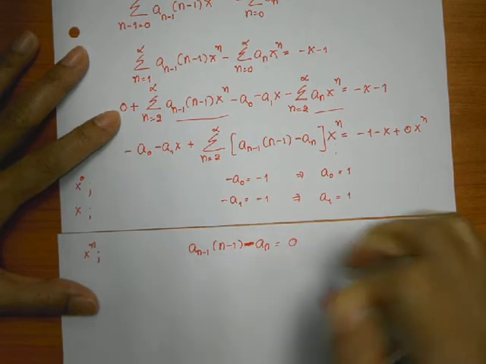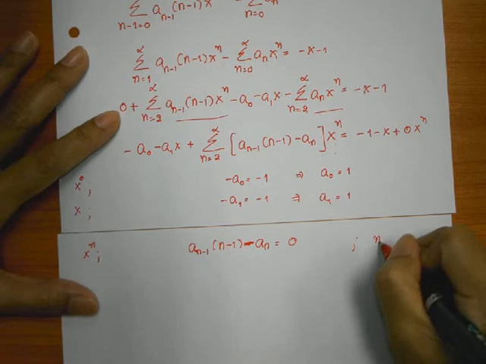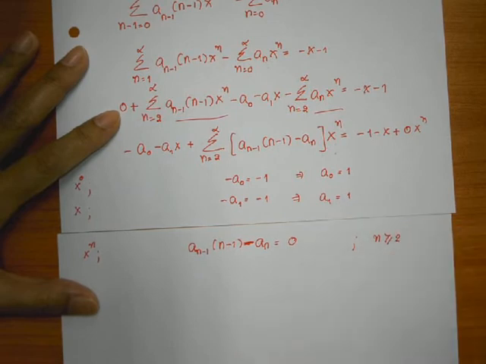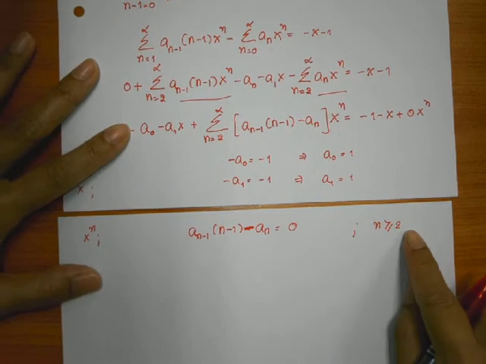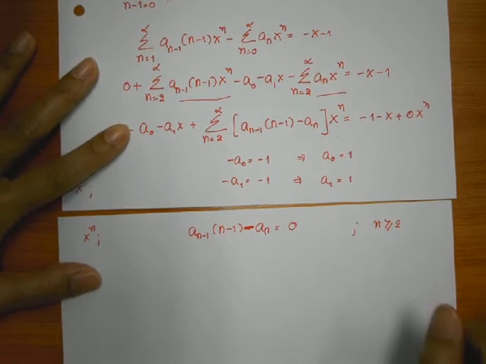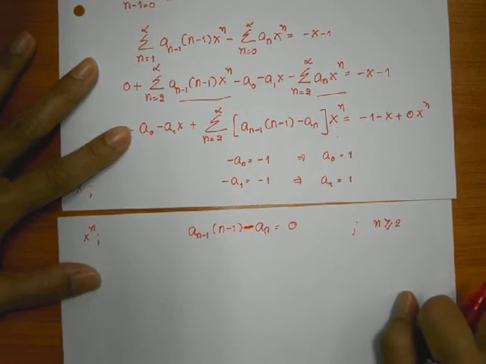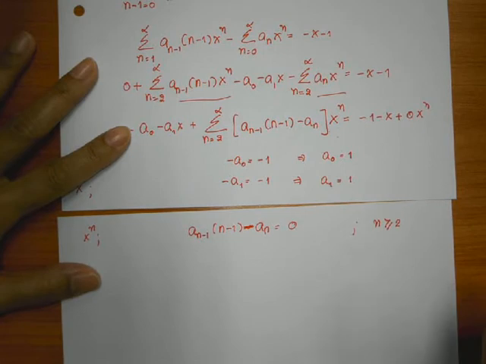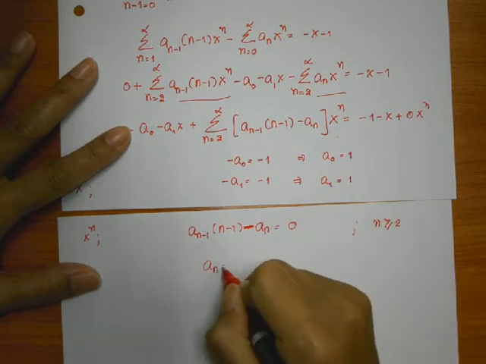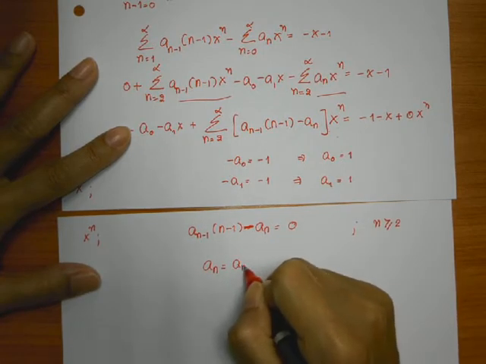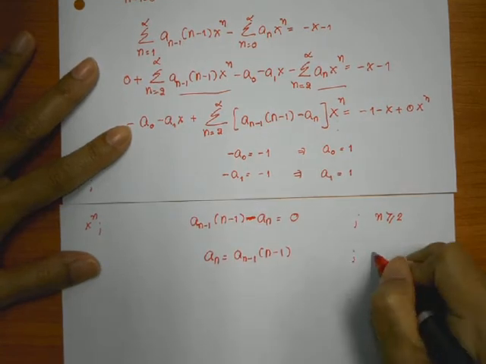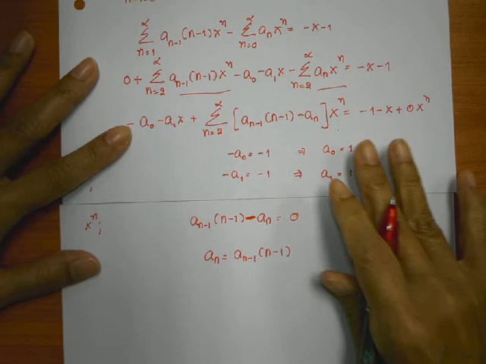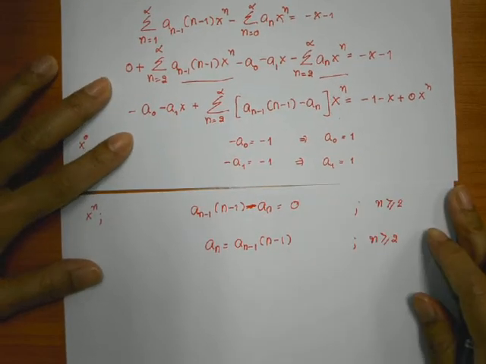This is true whenever n is greater or equal to 2. So now your n got to start with 2. And from this, I would say that my a_n is equal to a_{n-1} times (n-1), where n has to be greater or equal to 2.